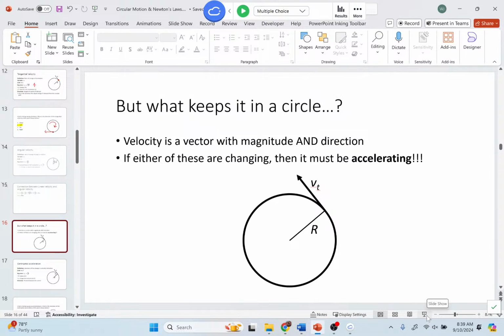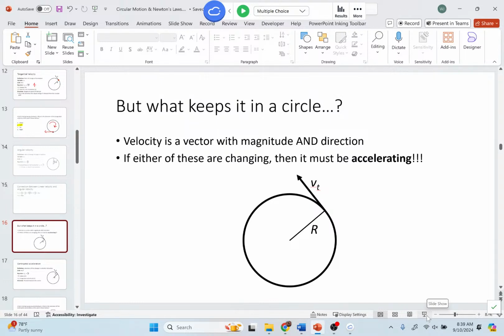If something's going in a circle, its velocity is changing. So this is a very, very important thing to realize about velocity or acceleration. Acceleration is the change of velocity. Velocity is a vector. So here's the really important thing to keep in mind.